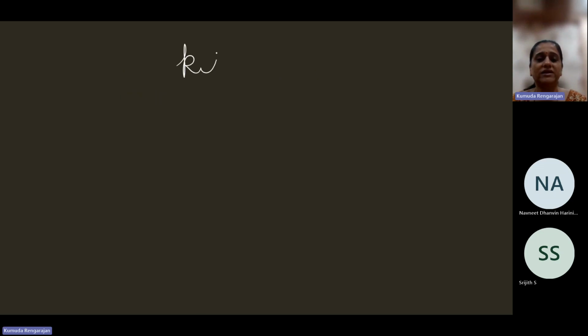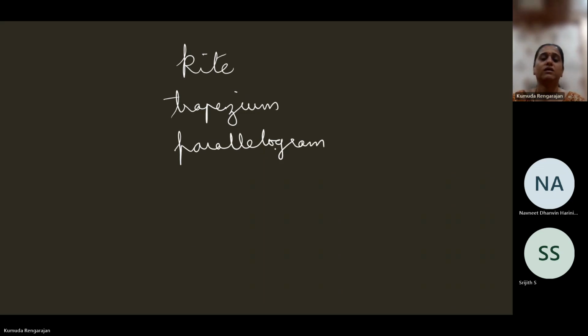Okay, so we have kite, trapezium, and parallelogram. A kite has no pair of opposite sides parallel. A trapezium has exactly one pair of opposite sides parallel. The other pair is non-parallel. So a trapezium looks like this.